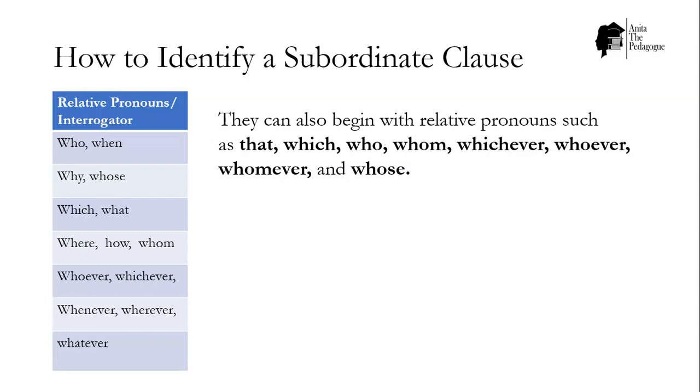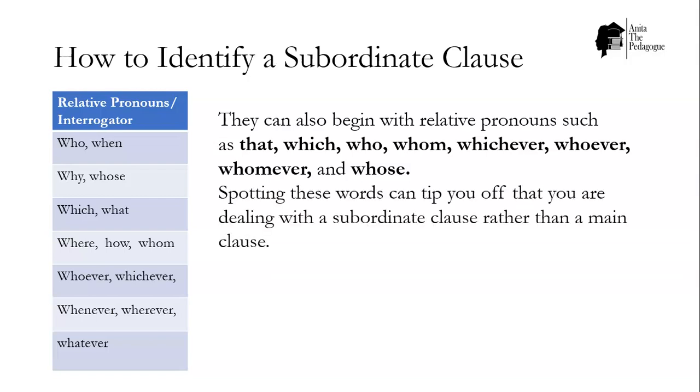People also say interrogators: who, when, why, whose, which, what, where, how, whom, whoever, whichever, whenever, wherever, whatever. Now let's continue. Spotting these words can tip you off that you are dealing with a subordinate clause rather than a main clause.